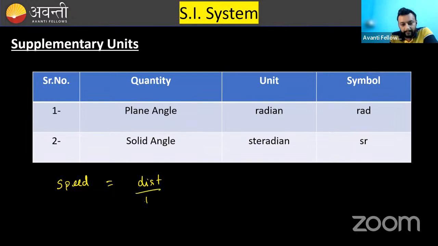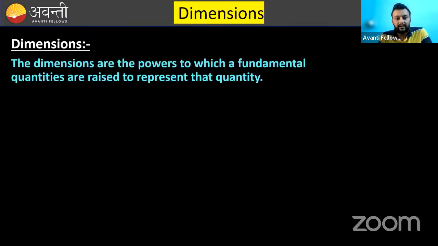Distance over time. Distance is the length, which has the unit meter. Time is a fundamental unit which has the unit second. So it will become meter per second. That means derived units are the units which can be derived using fundamental units. That's a simple thing. Now, moving further, what are dimensions?